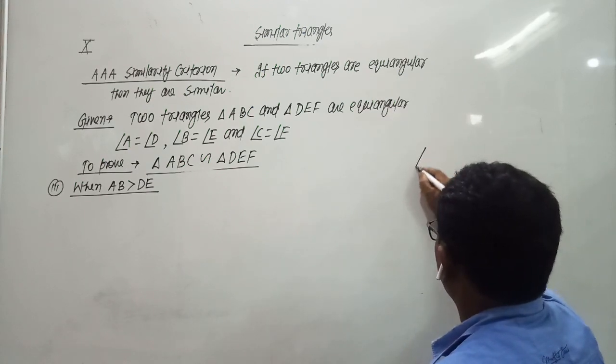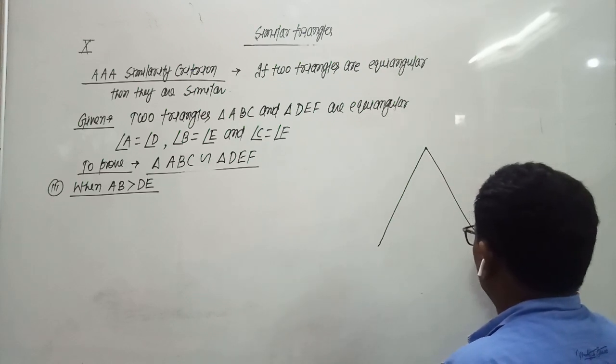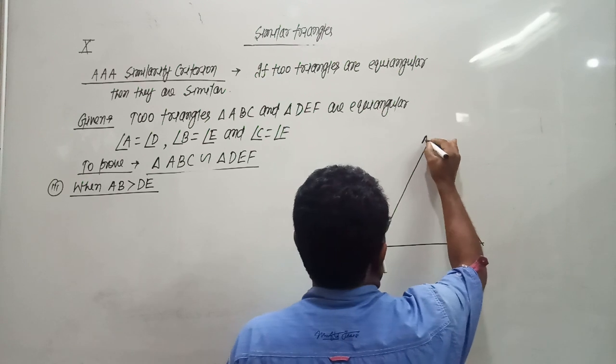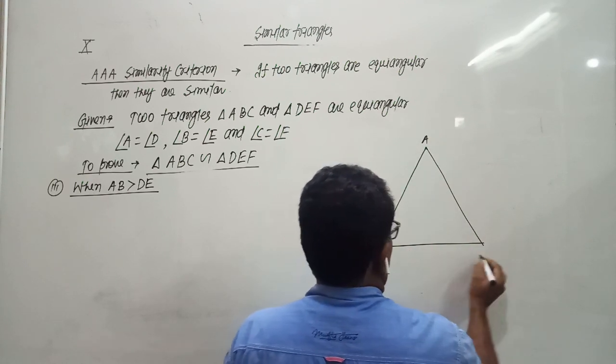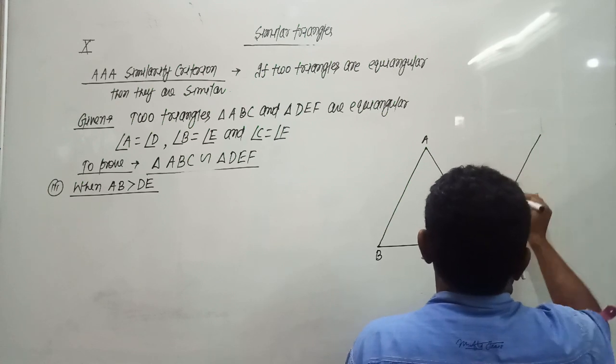So there are two triangles. Triangle ABC and the other triangle, triangle DEF.